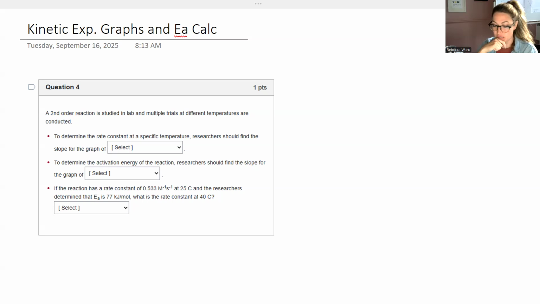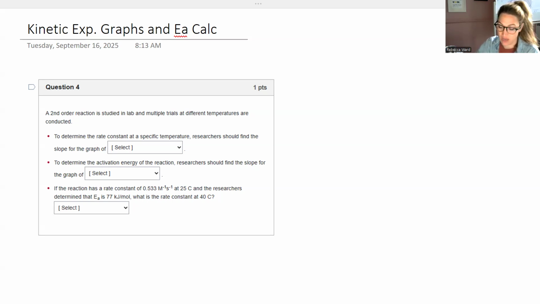So our first question here comes from section 14.3 on integrated rate laws. It asks, to determine the rate constant at a specific temperature, researchers should find the slope for the graph of, and then we get a bunch of graph options.